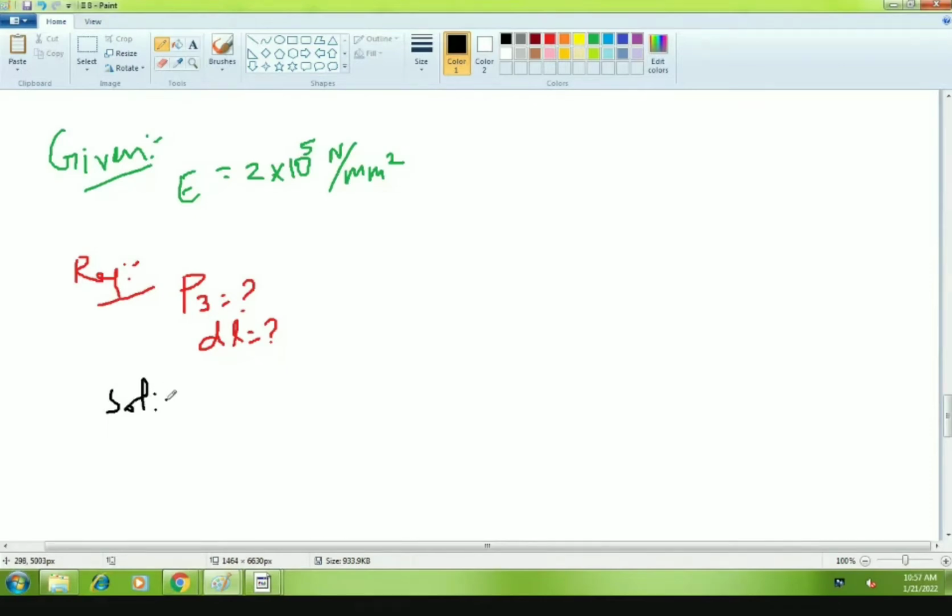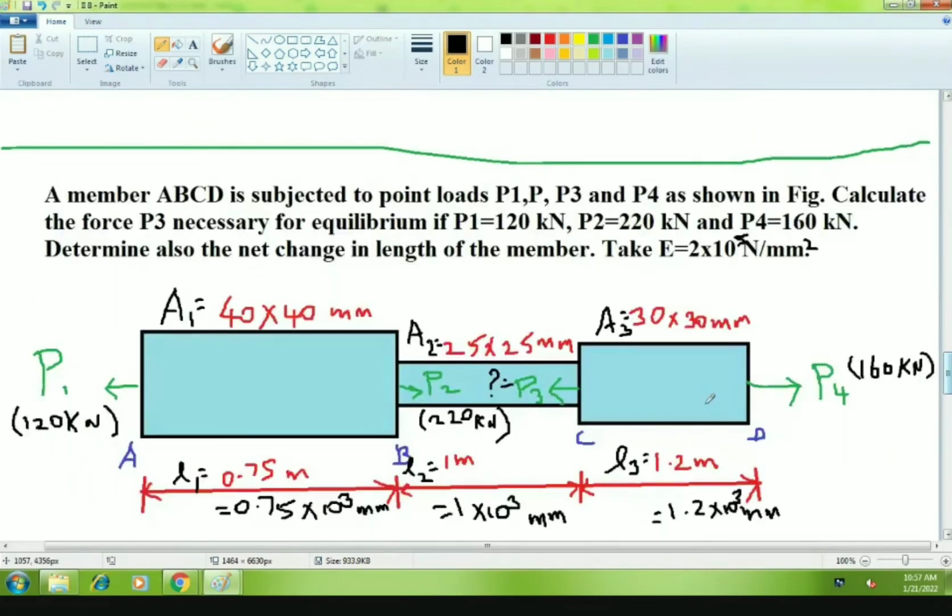How do you find that P3? What is meant by equilibrium? Suppose the body maintains the same position, that is called equilibrium, when there is no unbalanced force. When we pull the body from the right hand side and left hand side and it stays in the same position, the left hand side force equals the right hand side force.